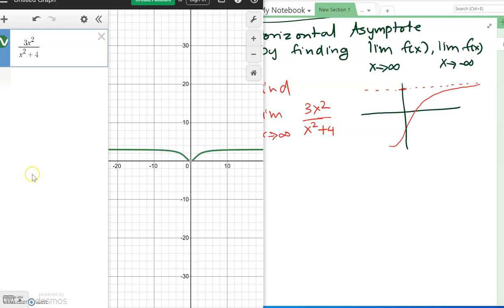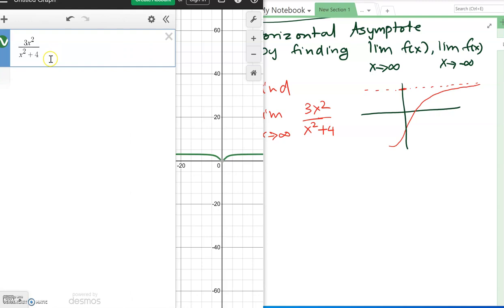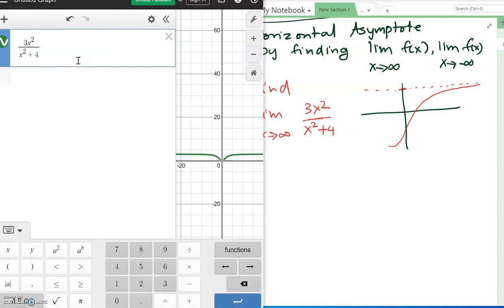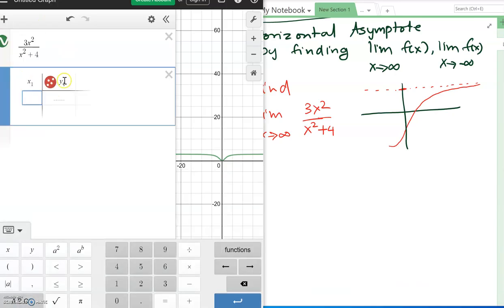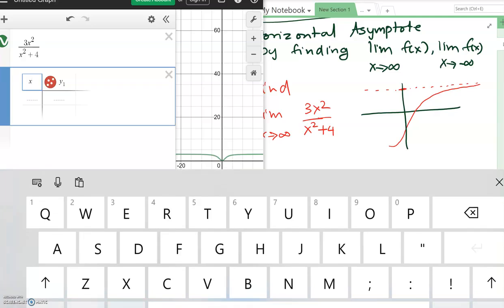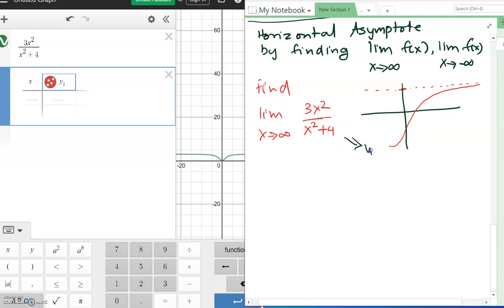All right, so we're going to do this numerically. Let's create a table, and we're going to choose x values. And for the y value, we're going to input the function f of x. This is the y value, y equal to.